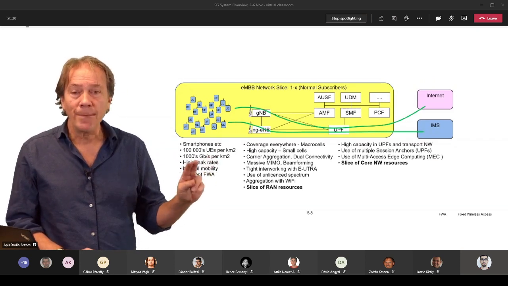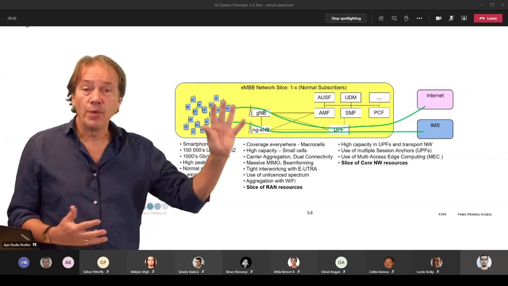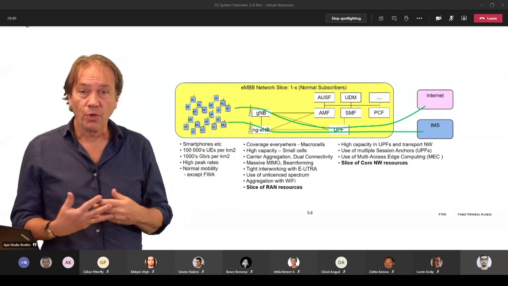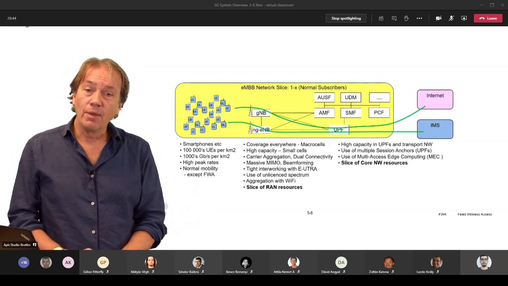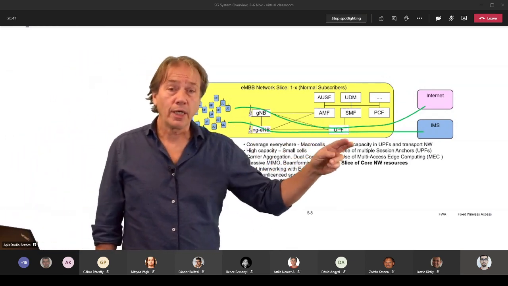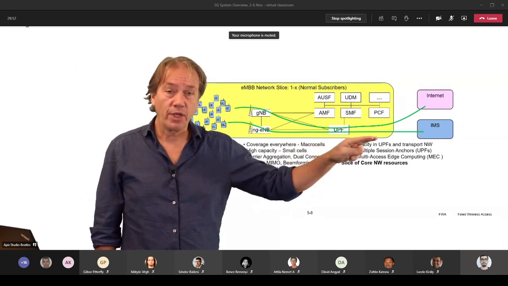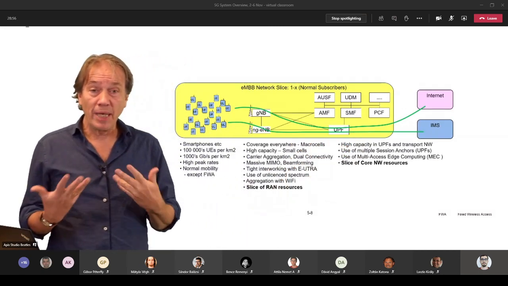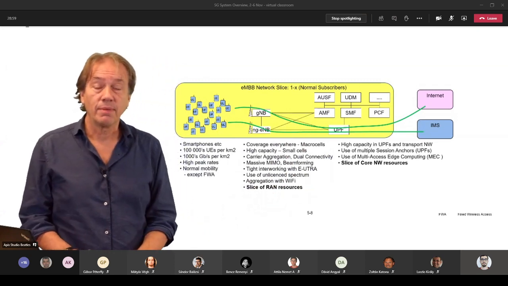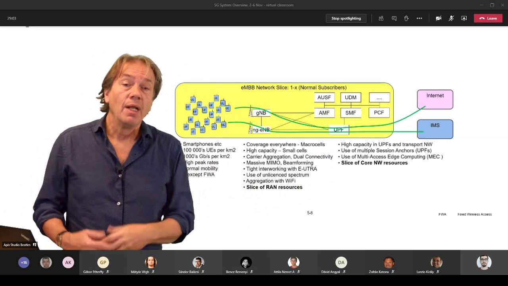Maybe there will not be millions per square kilometer, but for sure hundreds of thousands. High bit rates. So the radio network has to be dimensioned for these types of users. And also the core network, the capacity in the UDM, the capacity in the AMF, the traffic capacity in the user plane function has to be calculated and dimensioned based on these types of customers and these types of services.